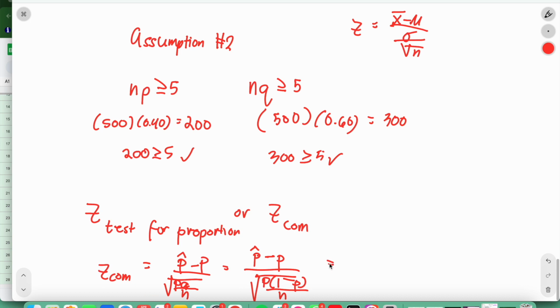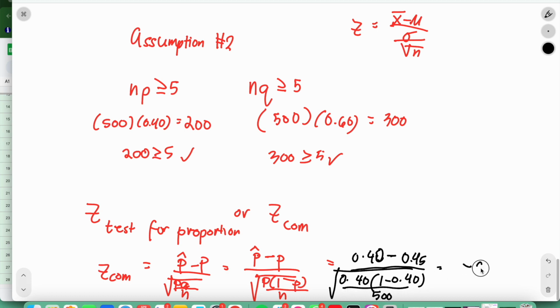So if we solve for the z-com, we now have 0.40 minus 0.45, the proportion, over the square root of 0.40 times 1 minus 0.40 over 500. This should be negative 2.282, the z computed.